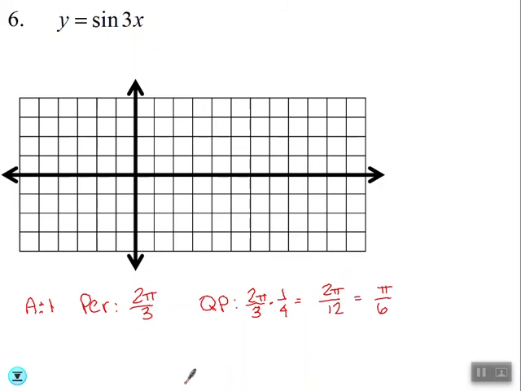Now, don't write this down yet. I'm going to label the graph the way that we have for the other problems, and I'm going to show you an issue.